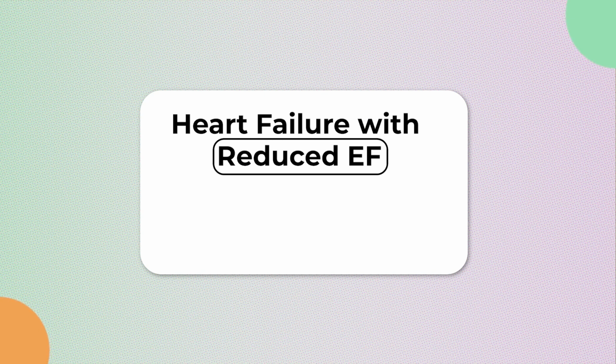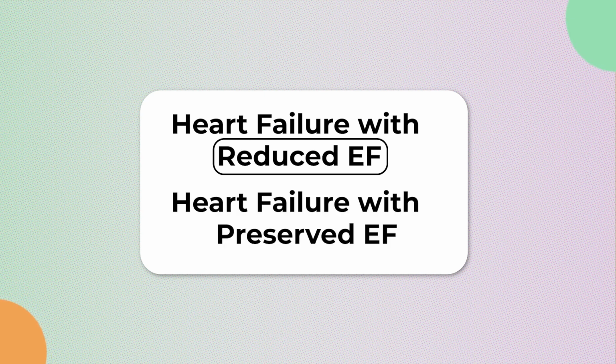All right, let's go. So quickly, I'm going to go over heart failure with reduced EF and heart failure with preserved EF. Heart failure with reduced EF, which is systolic heart failure, just means that the heart is not pumping effectively. It's weak. So all the blood is not coming out of the ventricle because the muscle is weak.